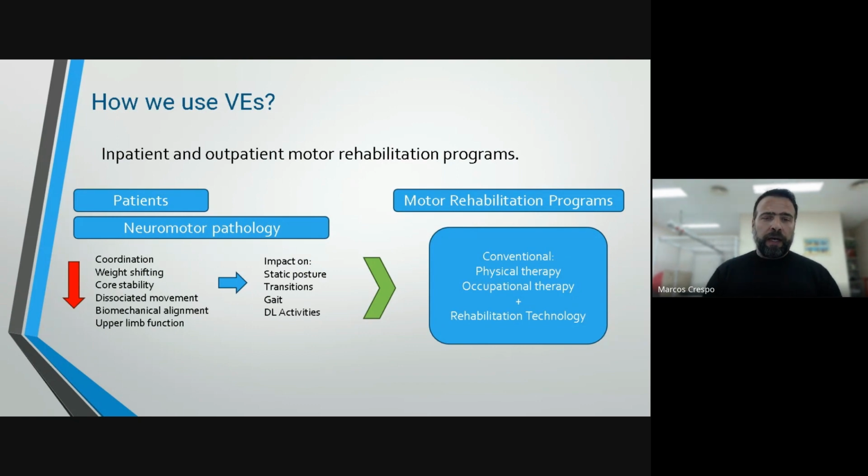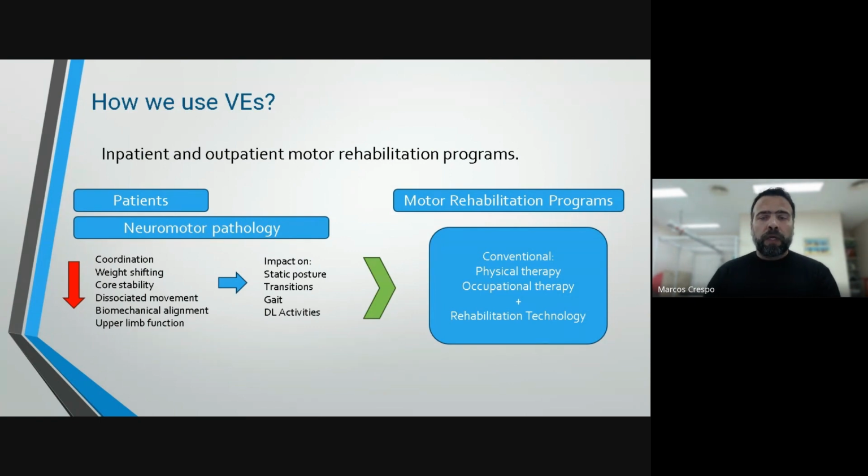Our patients in general have alterations related to the injury in the nervous system, such as loss of selective motor control, weakness, spasticity, balance alteration, muscle tone dysfunction, and this leads to problems in coordination, weight shifting, core stability, biomechanical alignment, upper limb function, of course, with a final impact on the quality of movement in static posture and movement in transition, gait, and daily life activities.